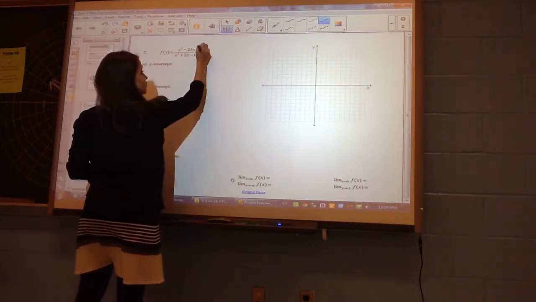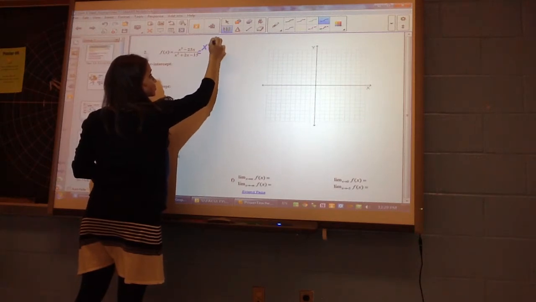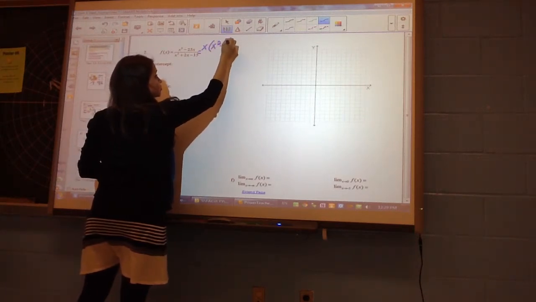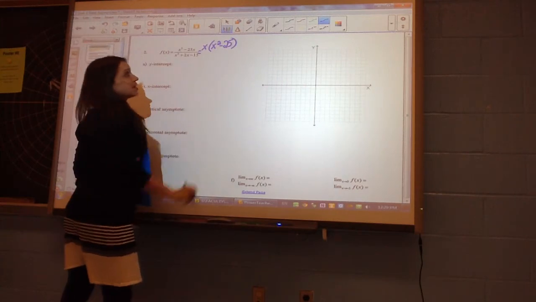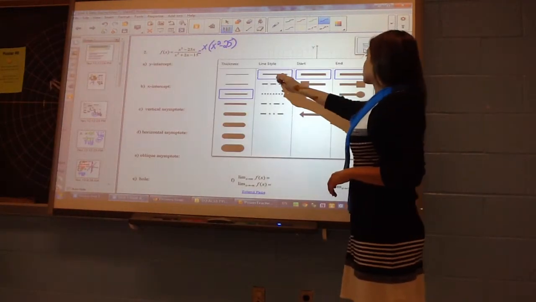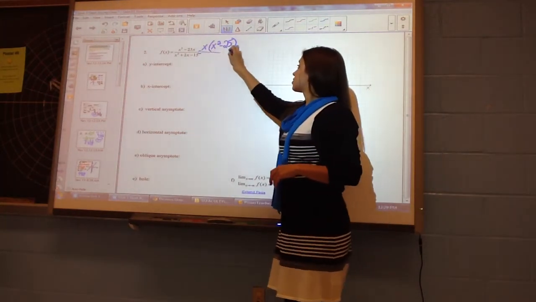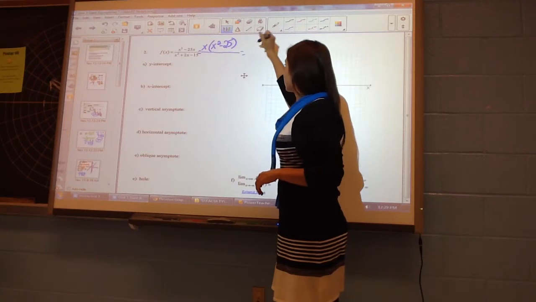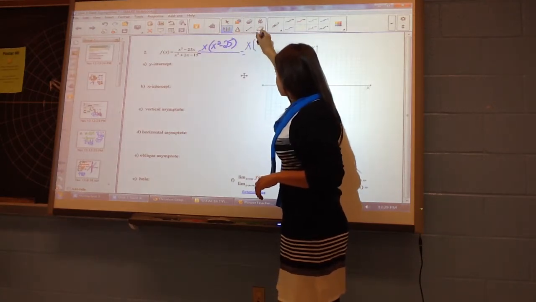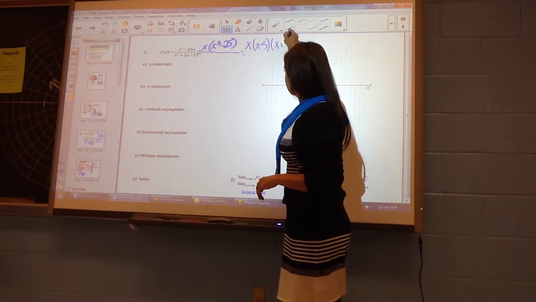So I can factor out an x from my numerator so that I have x squared minus 25. This is convenient because I have a difference of two squares, which will factor into two binomials. I'm going to keep factoring, and I get x times x minus 5, x plus 5.